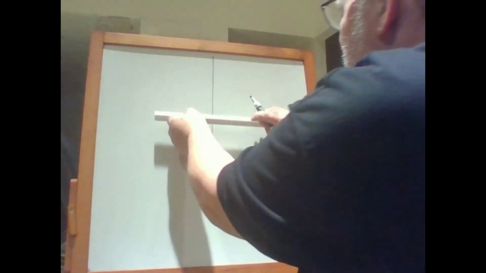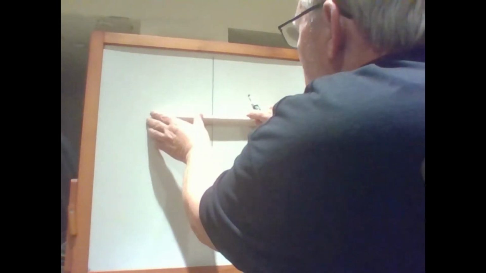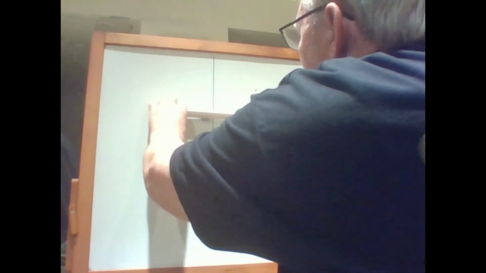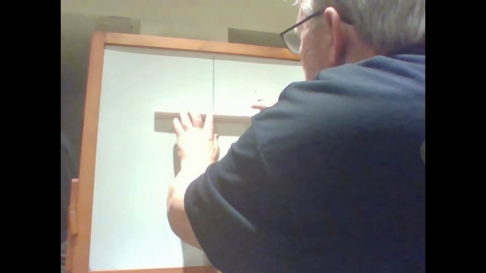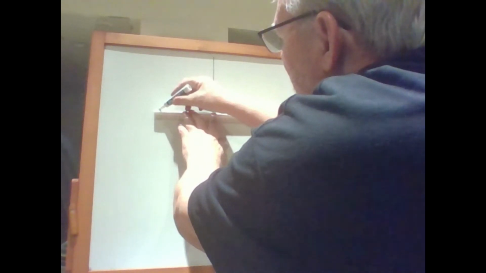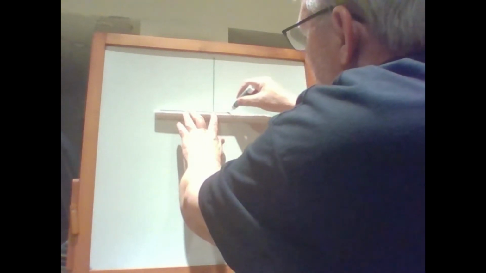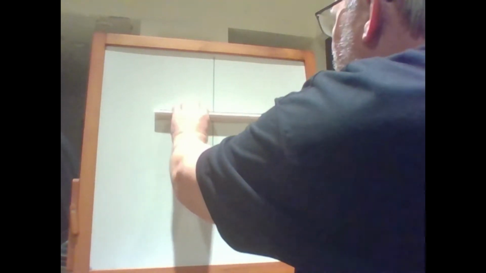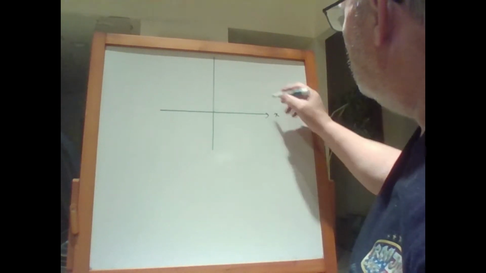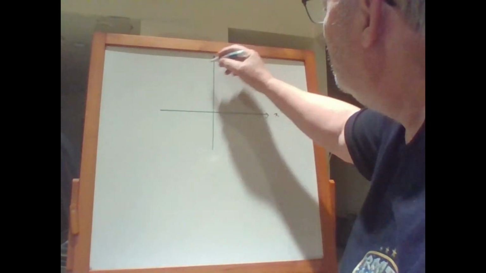What I did was I tried to stick some Gorilla Tape on there to make it so that it doesn't slip on this board when I hold it. It seems to work a little, except the Gorilla Tape is a little fat. All right, so we got our x, we got our y.